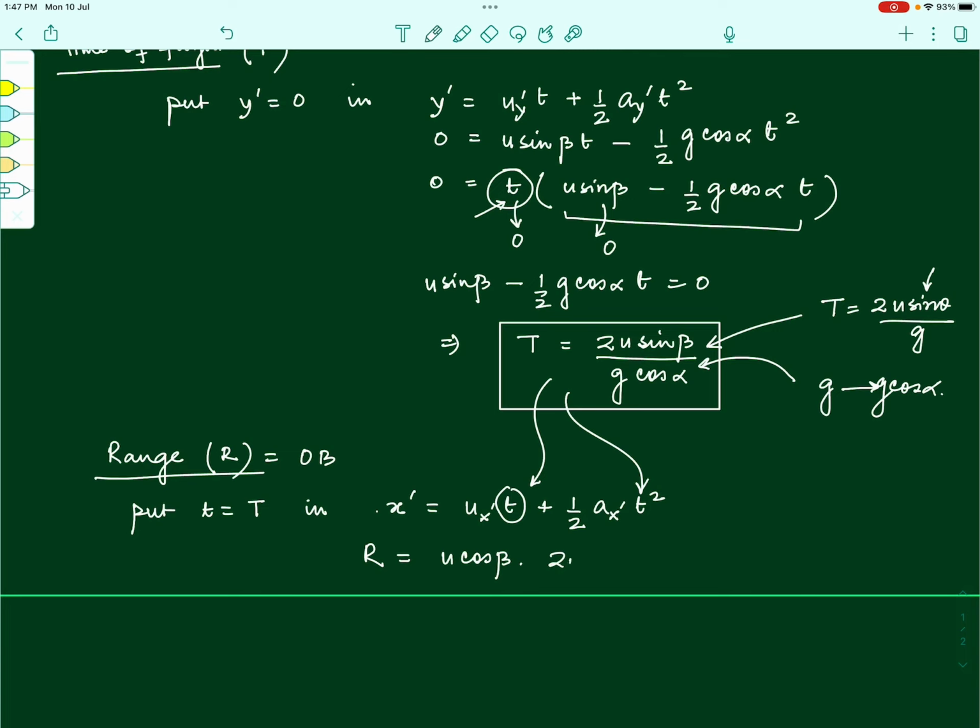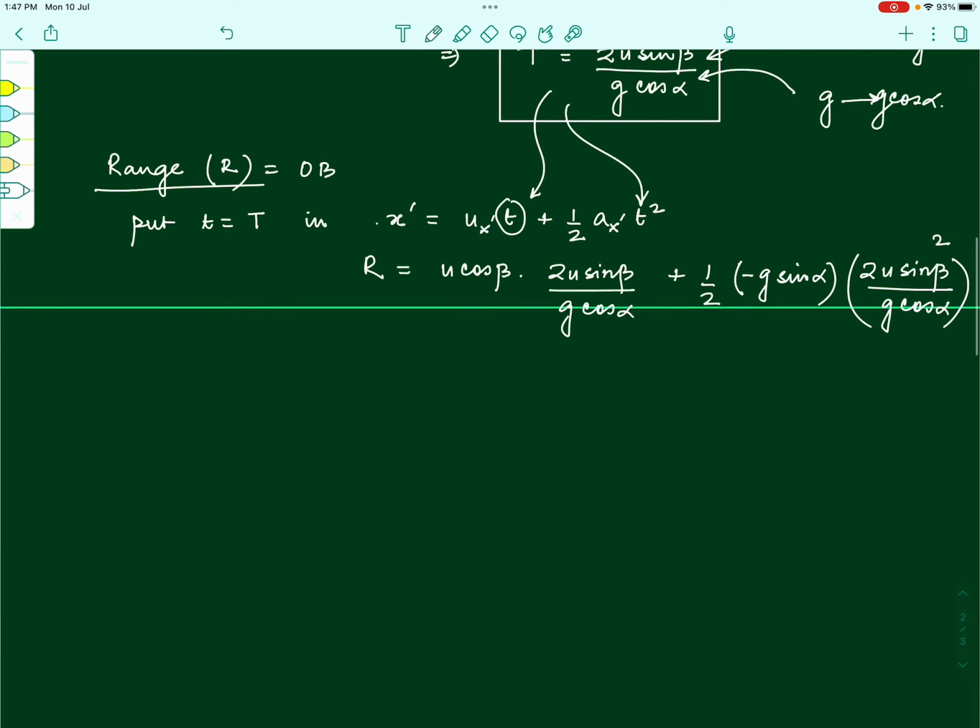So we will have 2u sin beta by g cos alpha plus half into ax dash, which is minus g sin alpha, right, into 2u sin beta by g cos alpha whole squared. We have a t squared over here. So now we need to solve this expression.